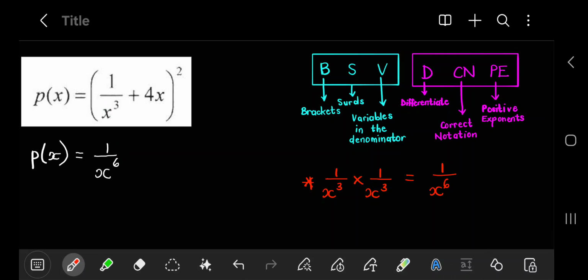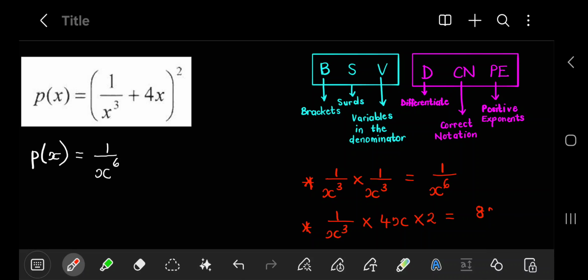Next, to get the middle term, we multiply both terms together and we times by 2. So let me show you that separately. Firstly, multiplying all of the coefficients, we've got 1 times 4 times 2, which is going to be 8.